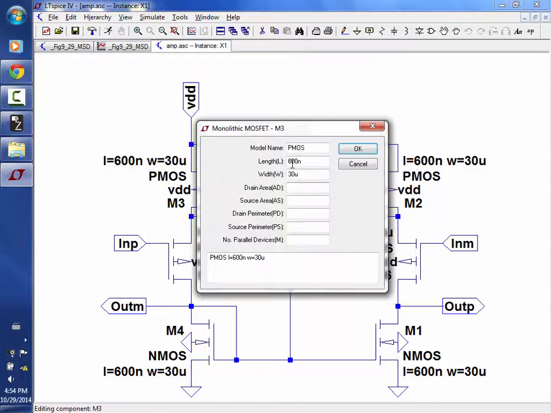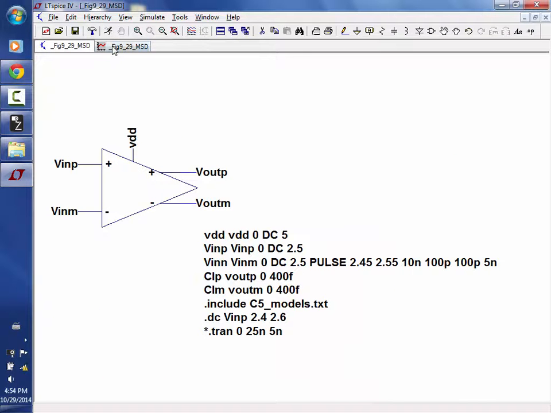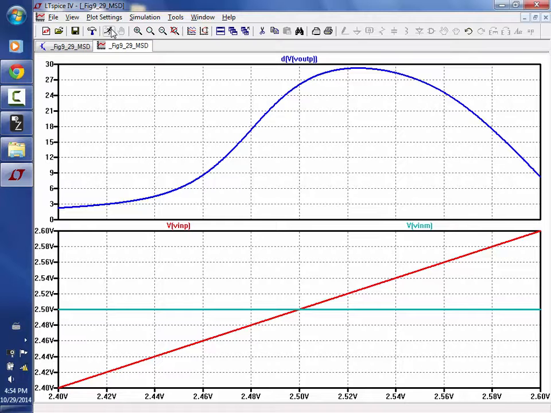So if you decrease the current, say I go to 10, and I redo the sim, my gain shoots up a little because I've reduced the current.